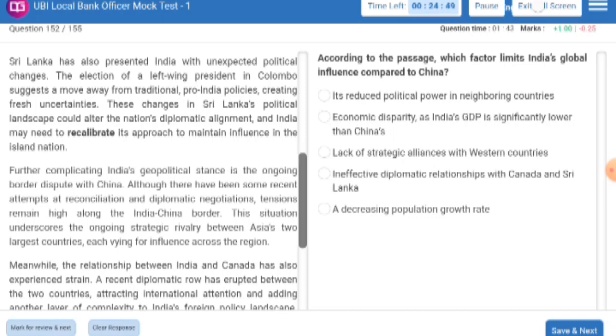Lack of strategic alliance. Population growth.